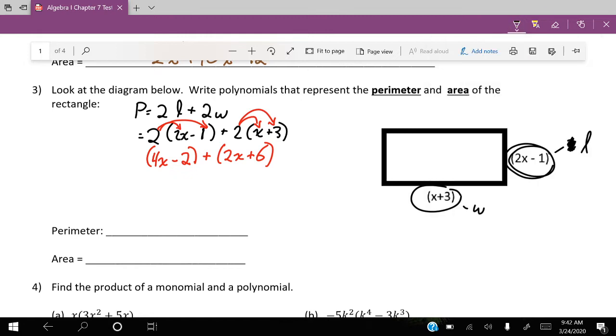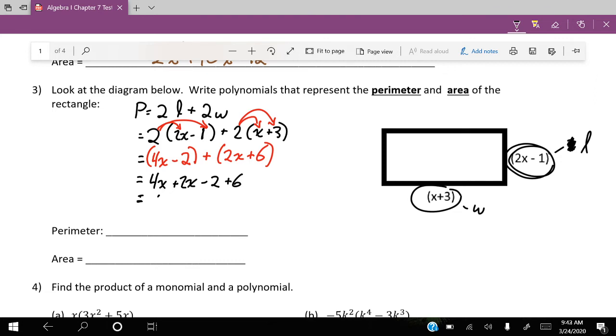What I'm going to do then is rearrange all of these terms so that like terms are next to each other. So 4x is similar to 2x, and the minus 2 and the plus 6 are similar. So I now know all I have to do is combine these terms, and I have my perimeter.